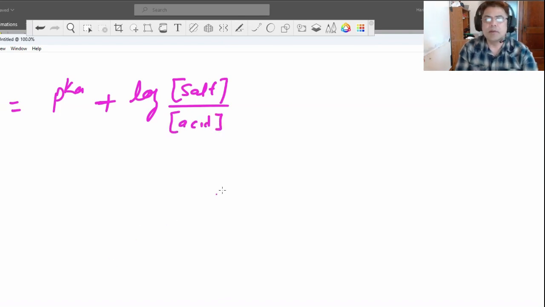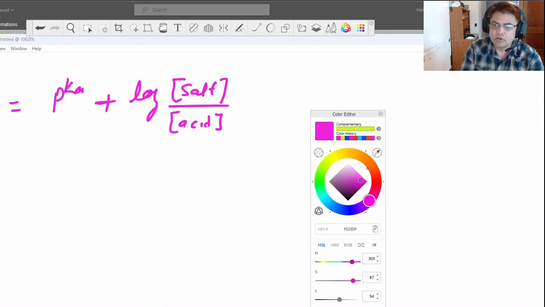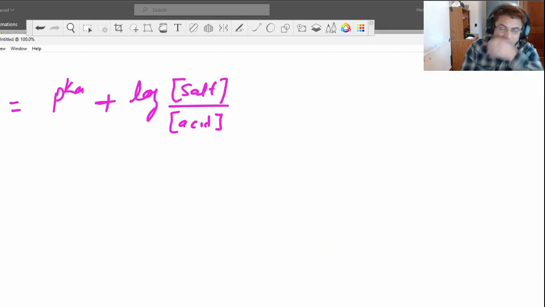If you remember, we have discussed what happens if conjugate base and conjugate acid are equal. Suppose that at some point, because we are neutralizing, half neutralized, quarter neutralized, you have the concentration of salt equal to the concentration of acid.